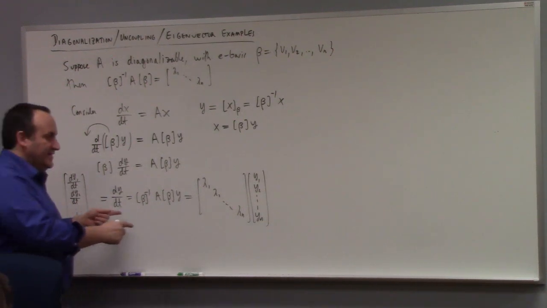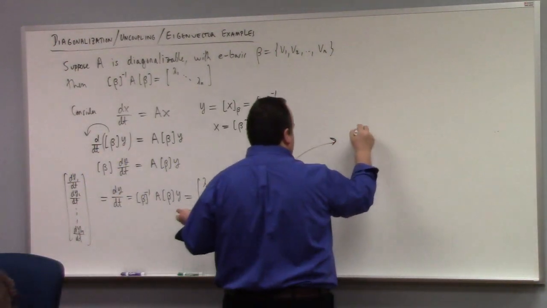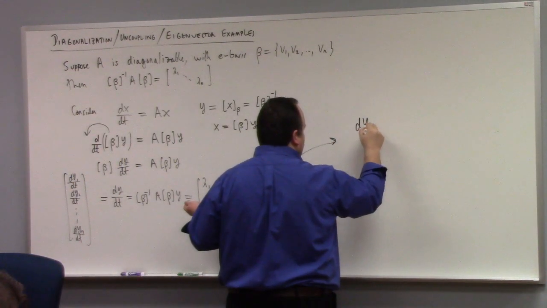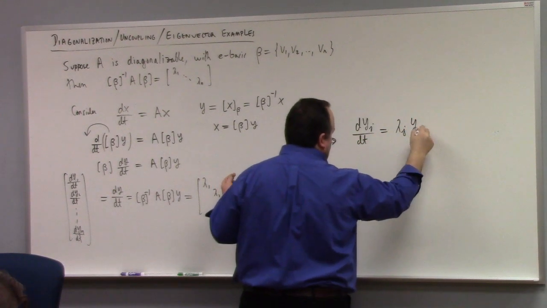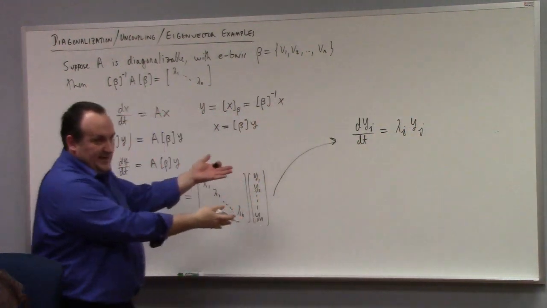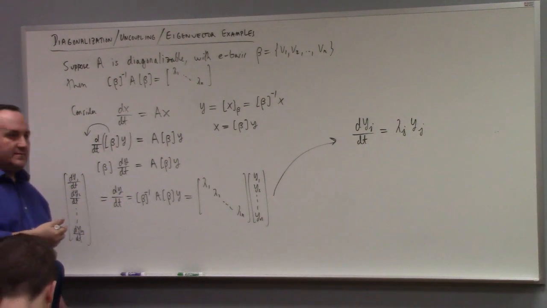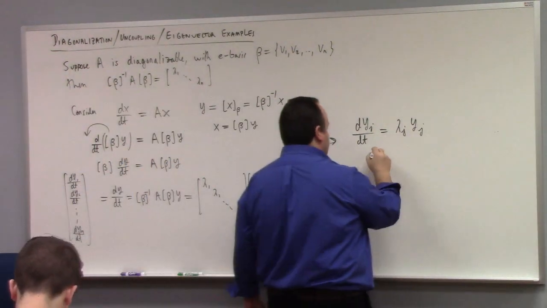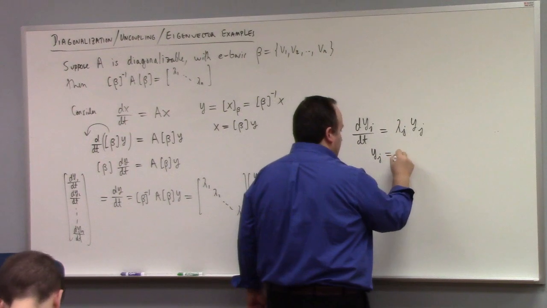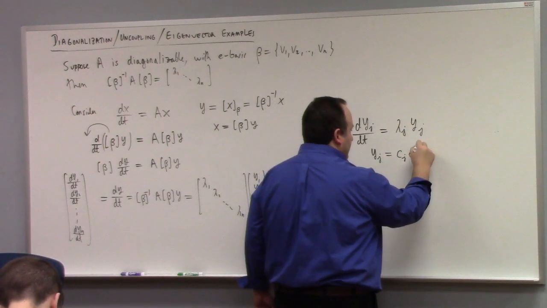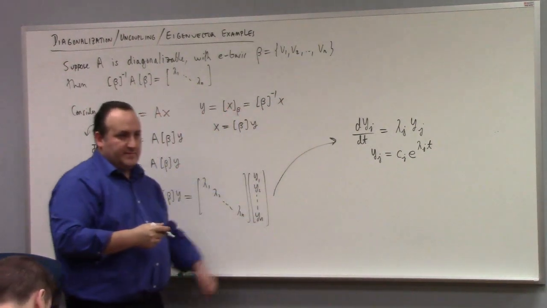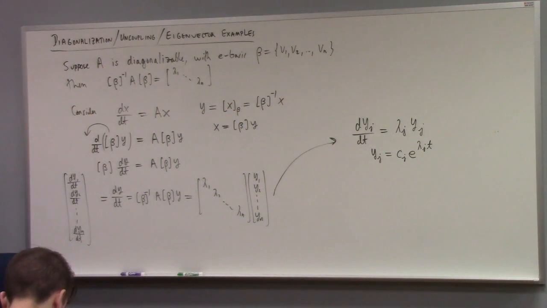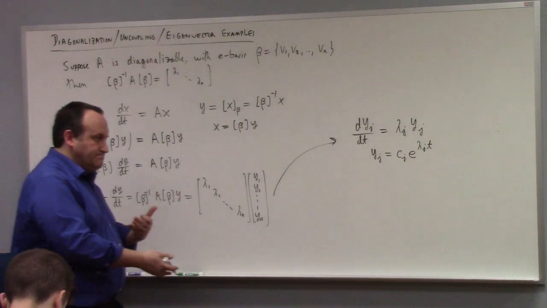These are uncoupled, because in the y-coordinate system, we just have dyj/dt is equal to lambda j yj, which you guys told me last time the solution is easy to find. The solution to this is just yj is equal to cj e to the lambda j t. Separation of variables. Separate, integrate. That's the solution. That's true for all j.